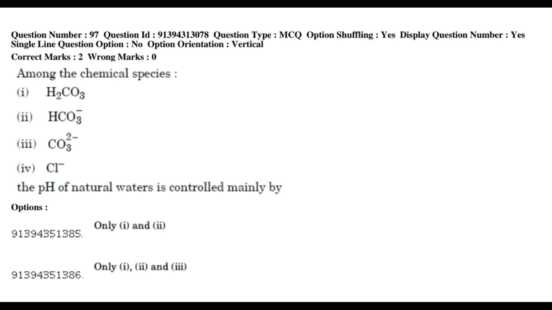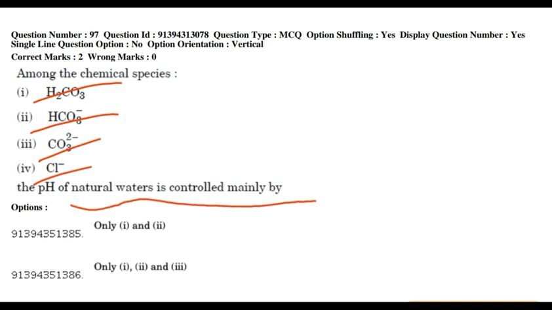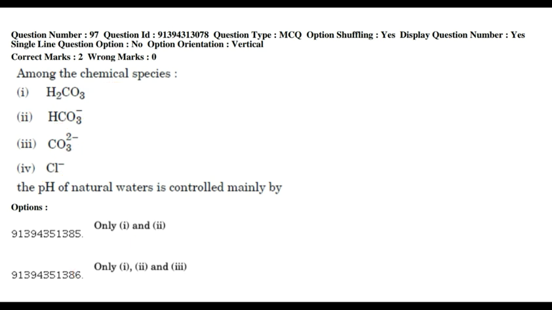Among the chemical species, the pH of natural water is controlled mainly by whom? Mainly by all first, second and third. These three control the pH of water.